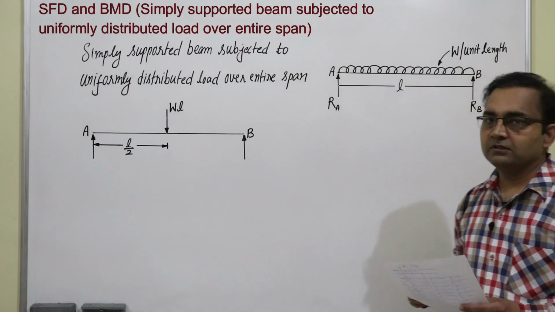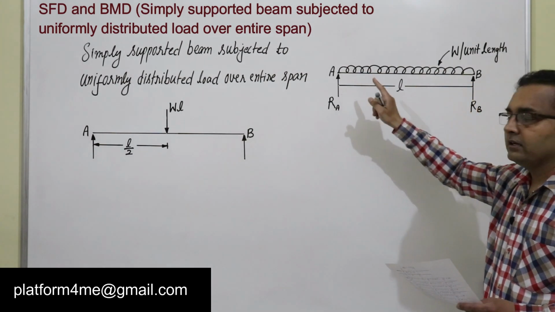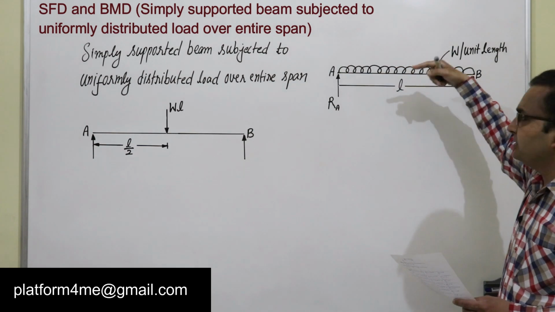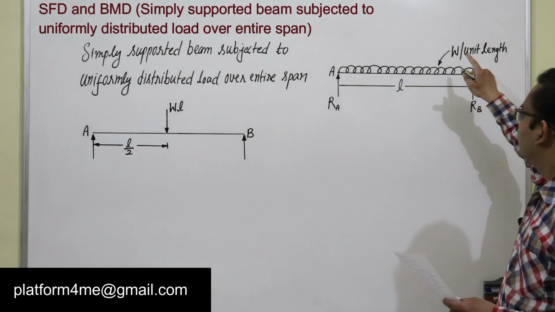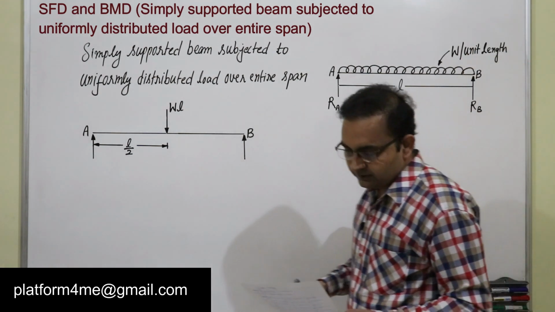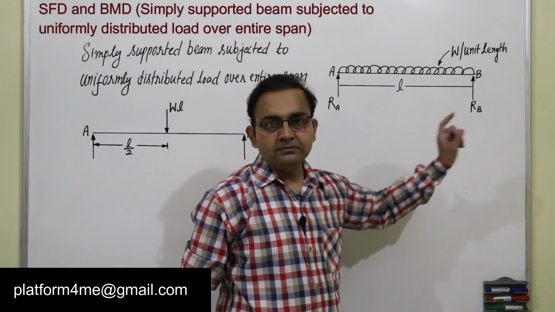So, this is a question. AB is a simply supported beam at point A and B and it is loaded with uniformly distributed load. This is a uniformly distributed load which is W per unit length. So, first we will find out the reactions RA and RB.